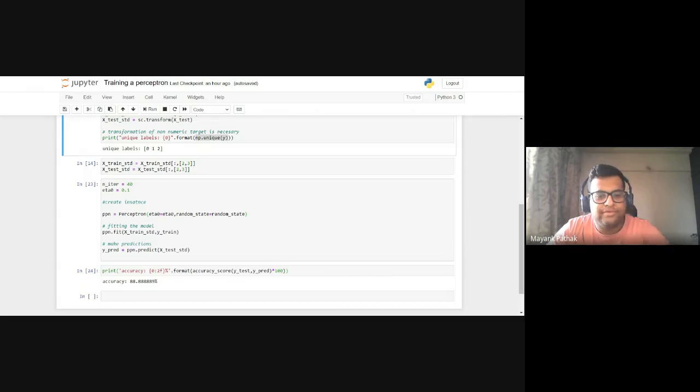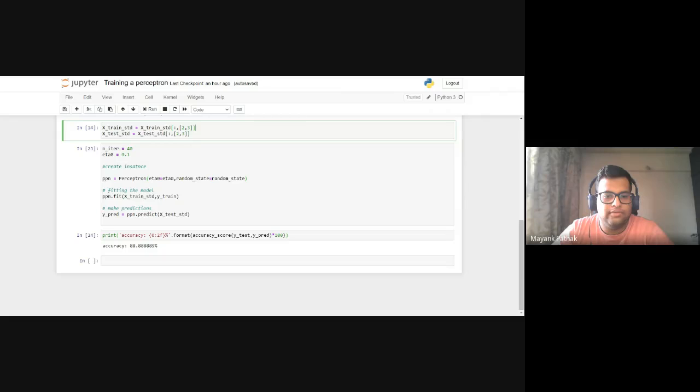So we have spliced that dataset, and we have taken two training values. For the test, we initialized epochs of 40, and the learning rate, that is eta, is 0.1.